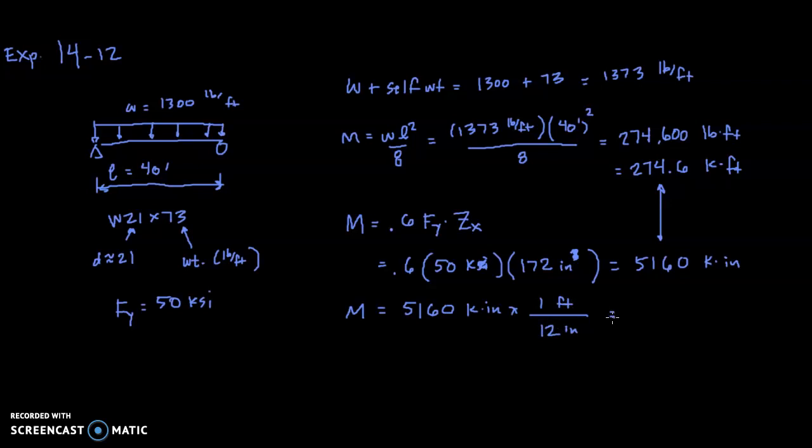So divide that by 12, and that gives us 430 kip feet. So this is what's actually allowed, and this is what is actually applied.